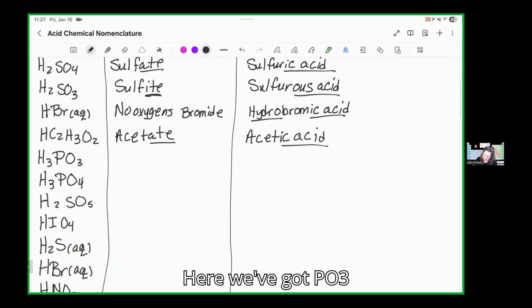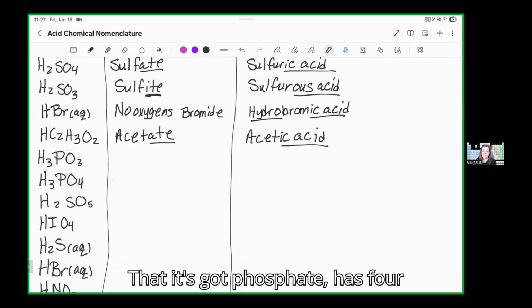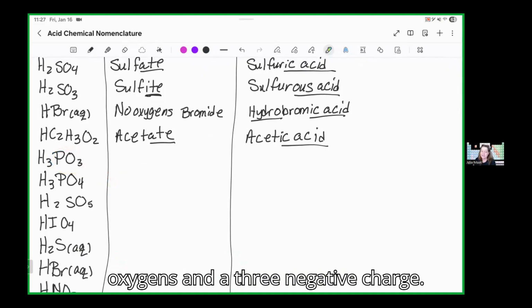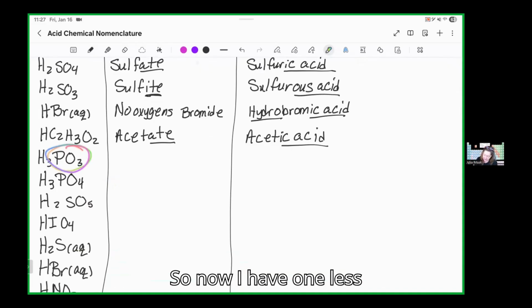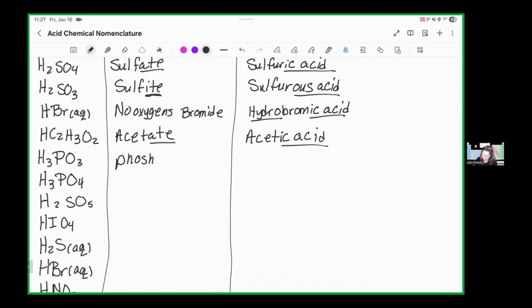Here we've got PO3. We know from Phoenix that phosphate has 4 oxygens and a 3 negative charge. So now I have one less oxygen. That's phosphite.